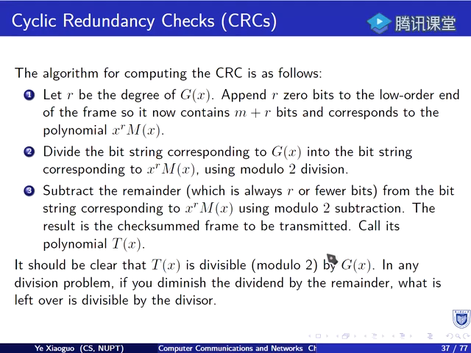So the algorithm for computing the CRC is as follows. We have 3 steps. Step 1, let r be the degree of G(x).